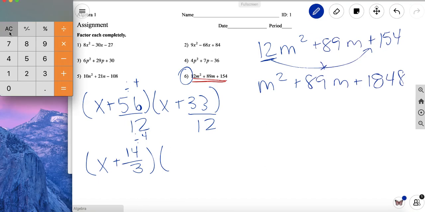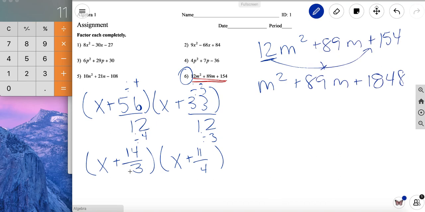And 33 divided by 12 does not give me a nice number, so we need to reduce. So we try dividing both the top and the bottom by 3 to get x plus 11 over 4.